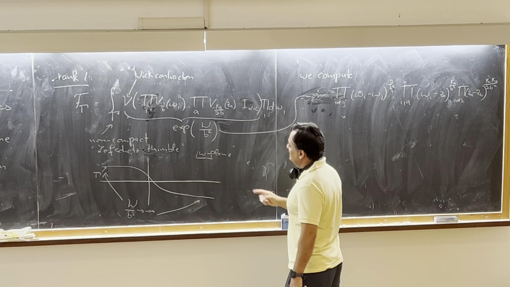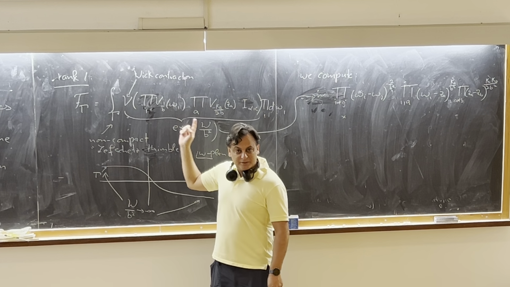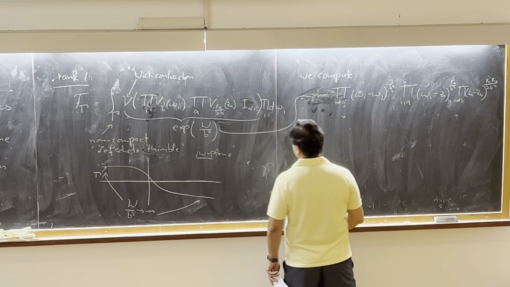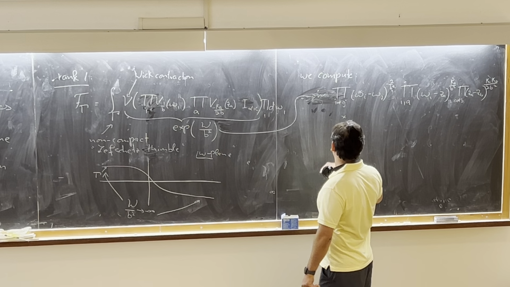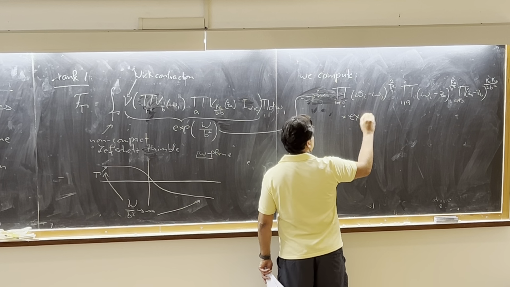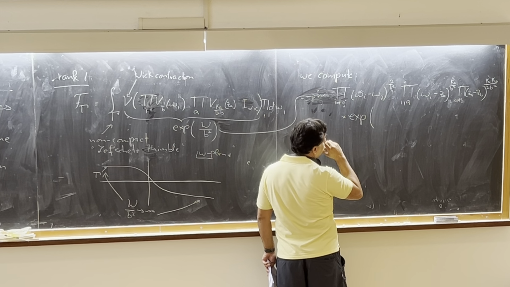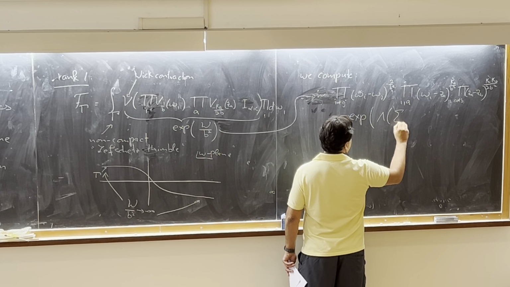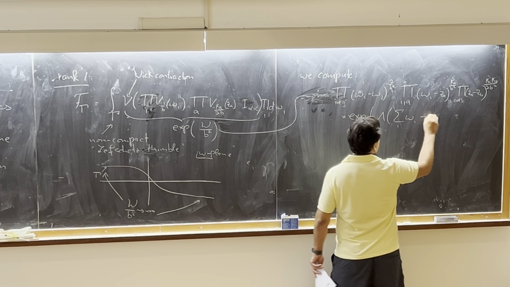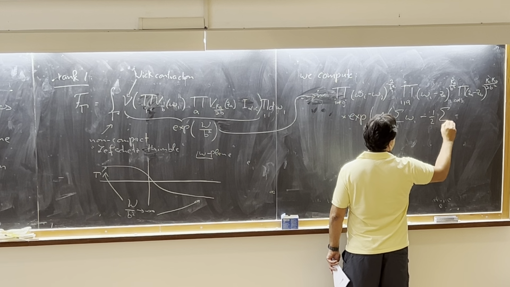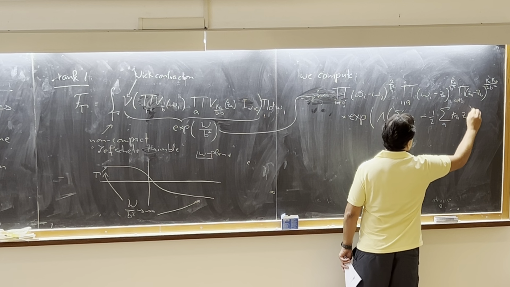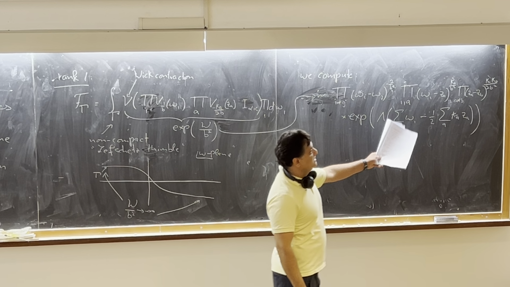This is the Wick contraction of these degenerate operators with each other, but then you also have to contract with the irregular one, and that will create an exponential, which is roughly as follows: the exponential of lambda times the sum over i of W_i minus 1/2 the sum over a of k_a z_a. So this is what you will eventually get.